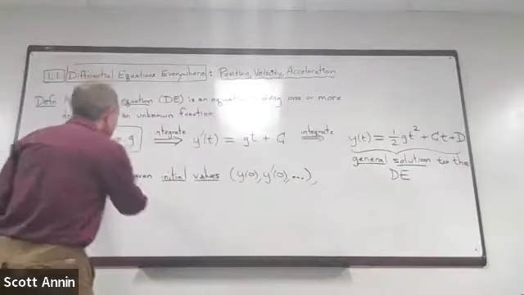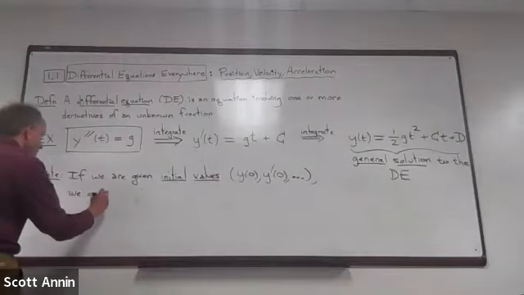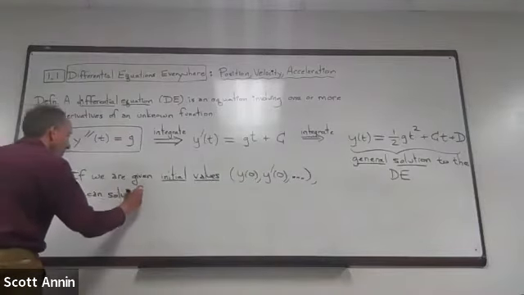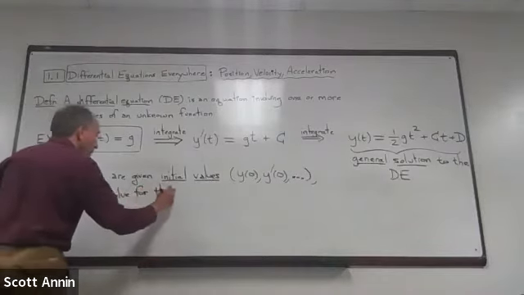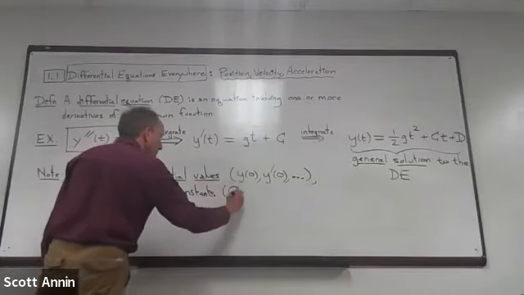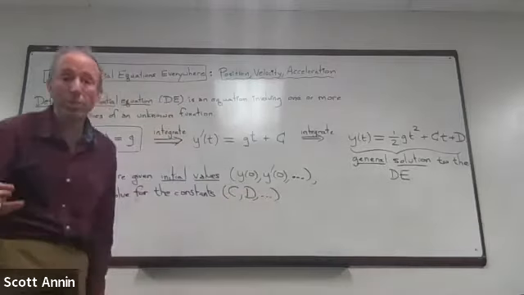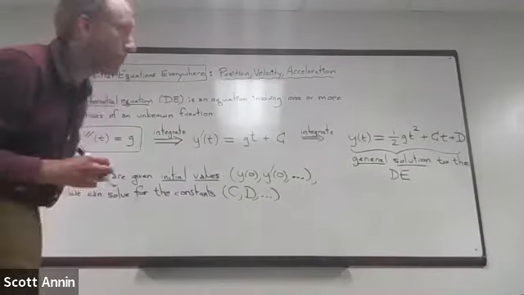So let's write that down. If we are given initial values, then we can solve for the constants. In this case, those constants are C and D. Of course, in other problems, there could be other constants or more constants.